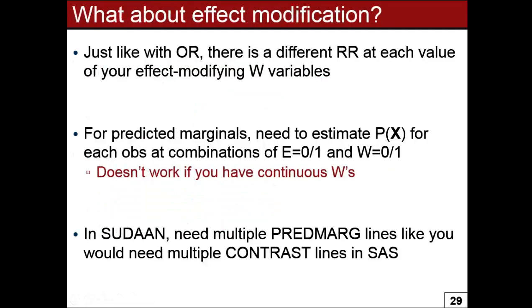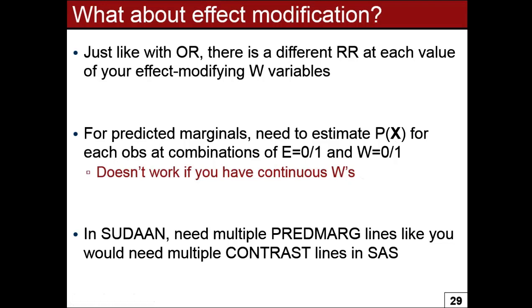Okay. With effect modification, this gets a little weirder, right? Just like with the odds ratio, there's a different risk ratio at each value of the Ws. Remember, with the odds ratio, we had to specify the effect modifiers because the effect is modified by the W, so you have to actually specify the value of the W. You need to do the same thing with risk ratios, right?